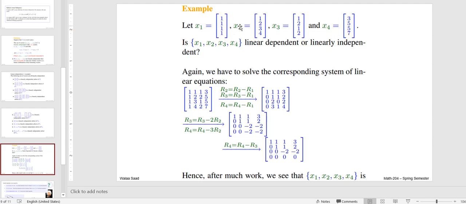Here, if we have x1, x2, x3, and x4, and we need to see whether this set of vectors is linearly dependent or independent, we directly put the vectors in columns and solve the system or reduce it, and we need to see the type of solution. So if we have here the 0 vector at the end, and we were solving for 4 unknowns, right? Because they are 4 vectors.